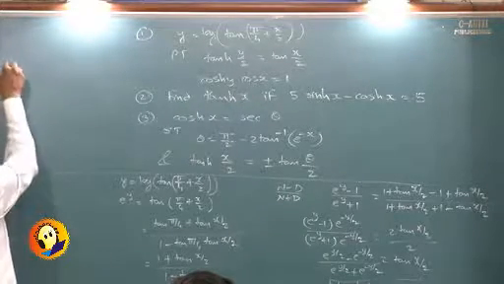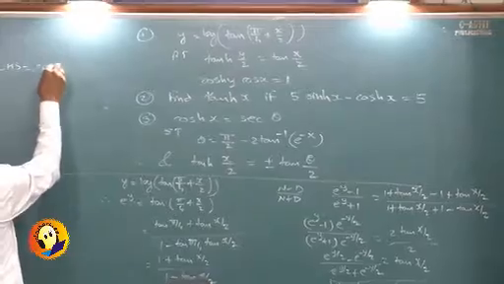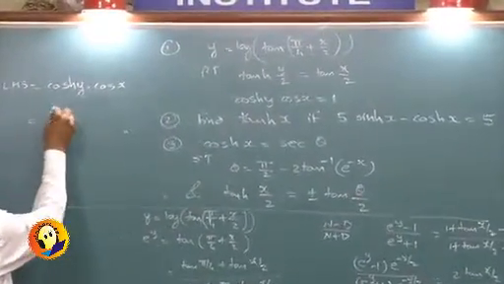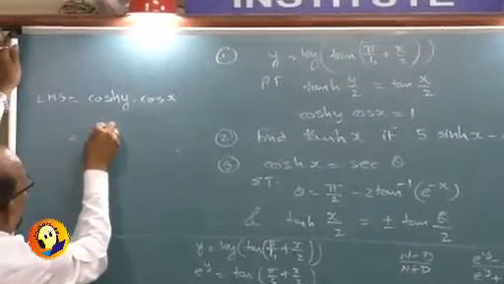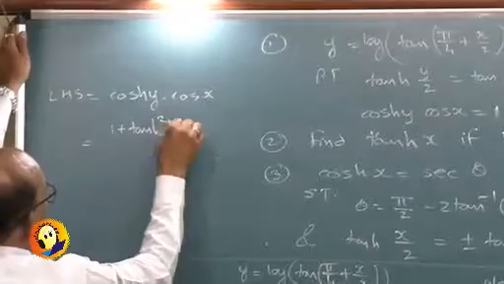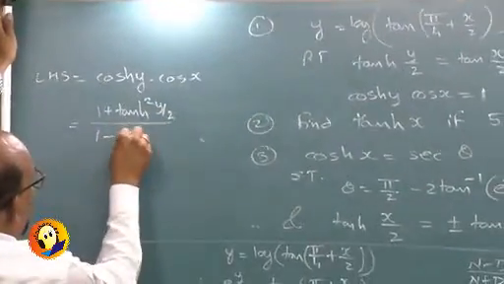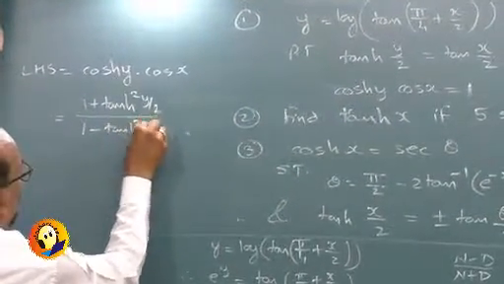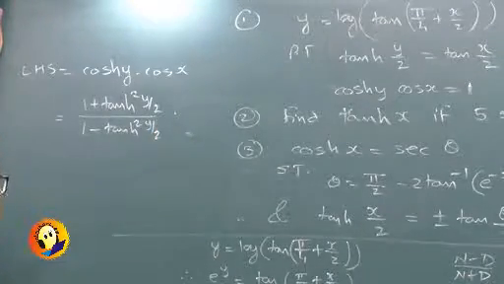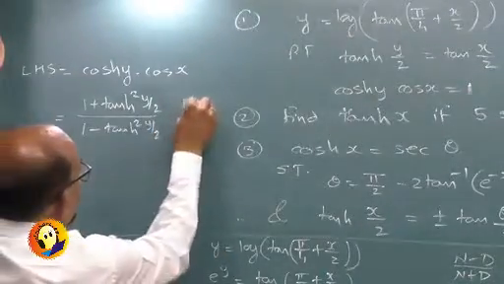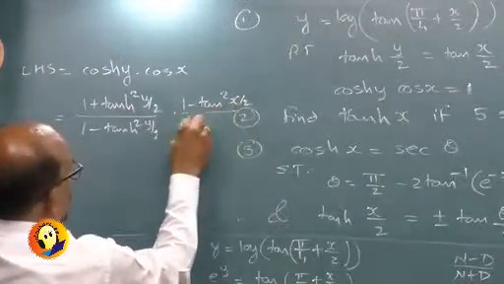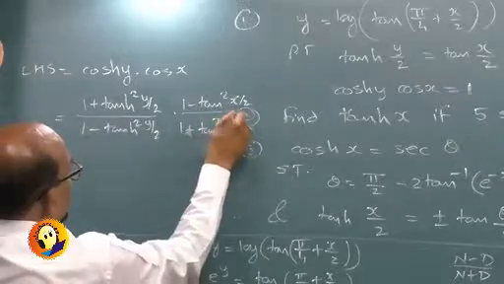Okay, so we start with LHS as cos y into cos x. What is the formula? 1 minus tan square y by 2 upon 1 plus tan square y by 2, into 1 minus tan square x by 2 upon 1 plus tan square x by 2.